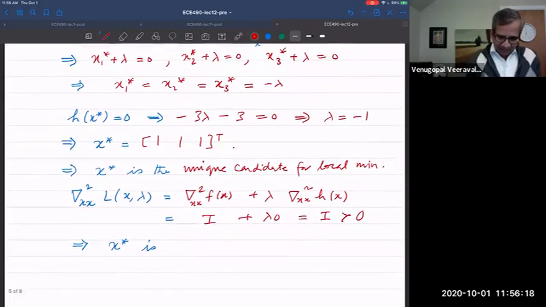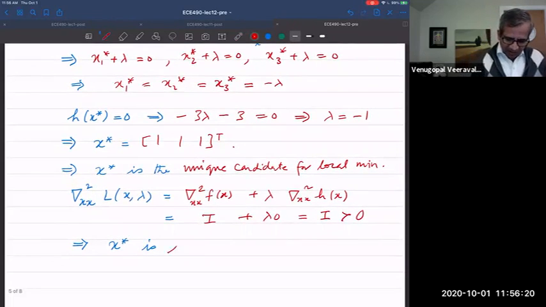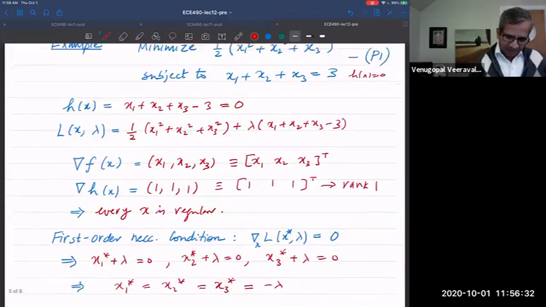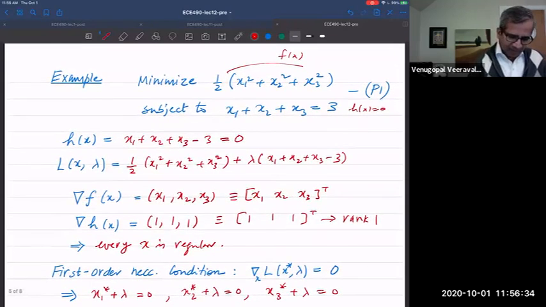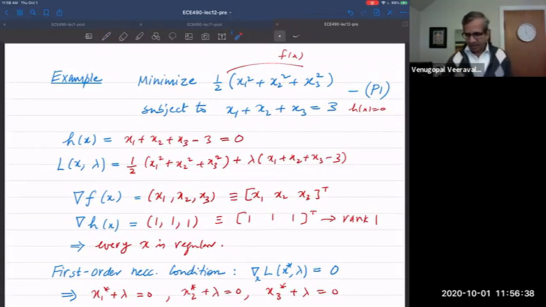So this means that x star is a strict local min for the optimization problem. Let's call that P1. So the constrained optimization problem has the vector 1, 1, 1 as a strict local minimum.